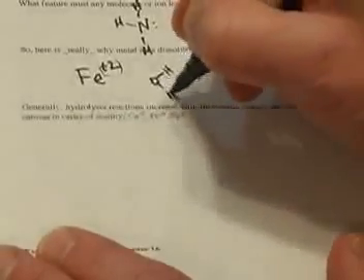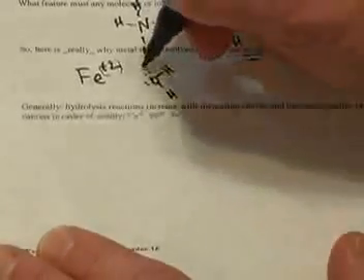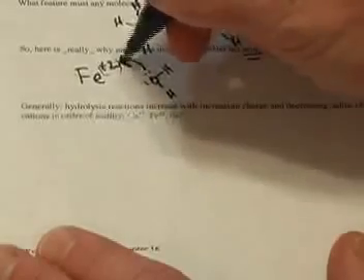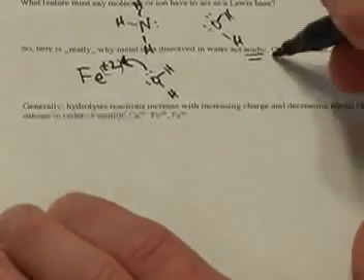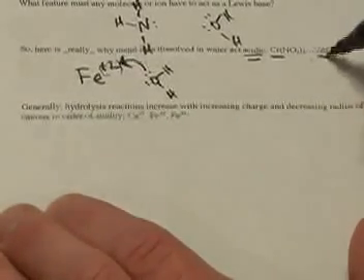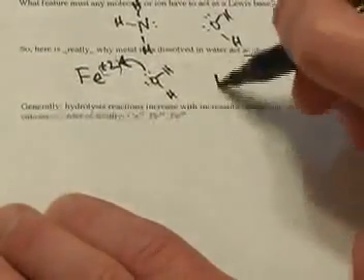And so when it encounters something like water, when it's dissolved in water, it's a good acceptor of these electrons. And when it's an electron acceptor, remember, it's acting acidic. Chromium is a good example of this, and so is zinc. And they are surrounded or hydrated by water molecules, causing them to act as Lewis acids.